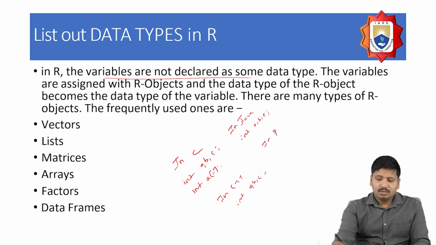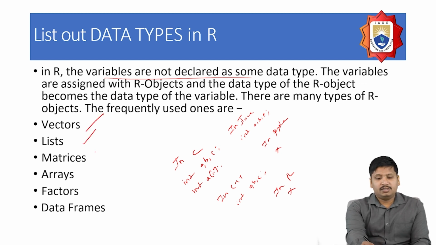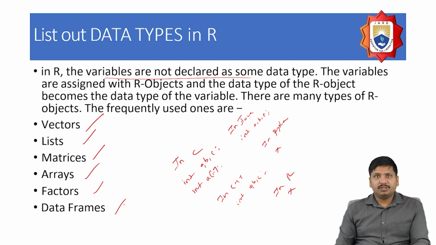In Python there is no need for declaration of variables, and in R programming also there is no need for declaration of variables. Directly you can assign the values to the variables. Some of the data types in R programming are vectors, lists, matrices, arrays, factors, and data frames.